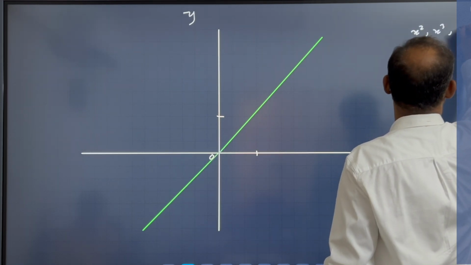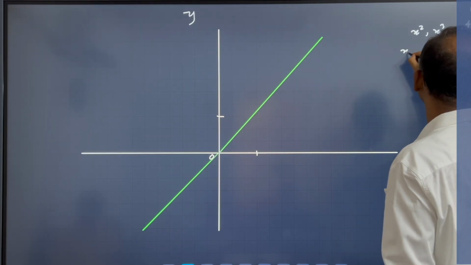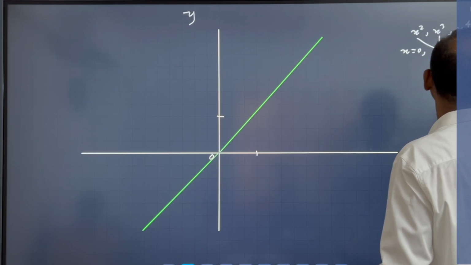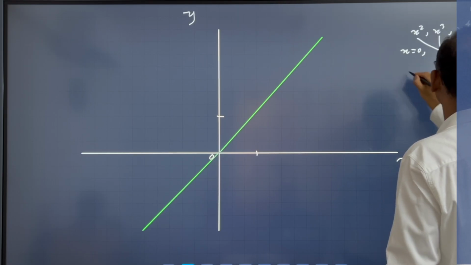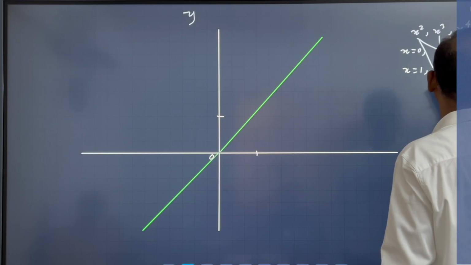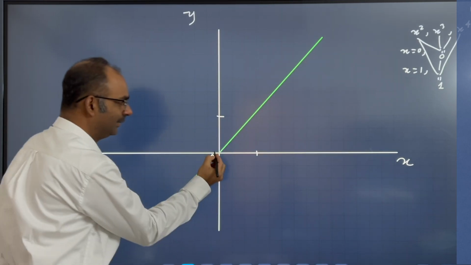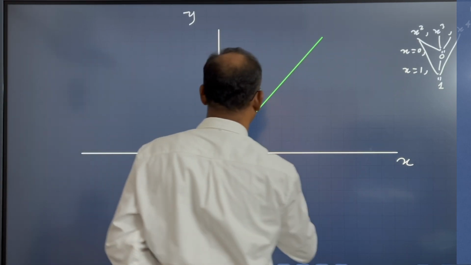At x equal to 0, these are all at 0. So when x is equal to 0, all of these are equal to 0. When x is equal to 1, all of these are again equal and equal to 1. Correct? So all these curves meet at this point and again meet here.